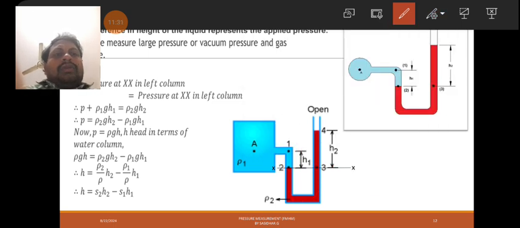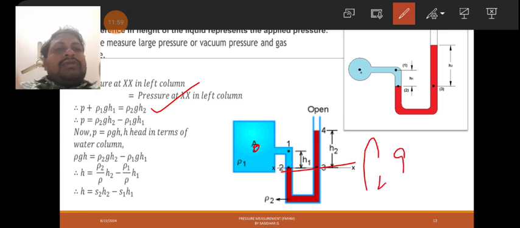Now we are going to measure the pressure using P equal to ρgh. The pressure above the datum line in the left limb is P plus ρ1 g H1. Equating with the right limb, ρ2 g H2.